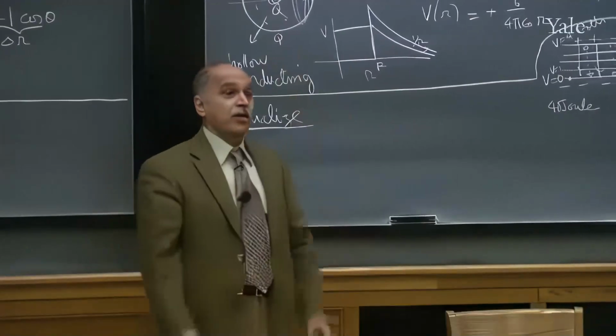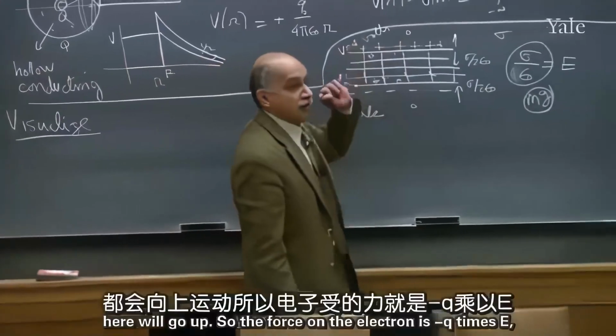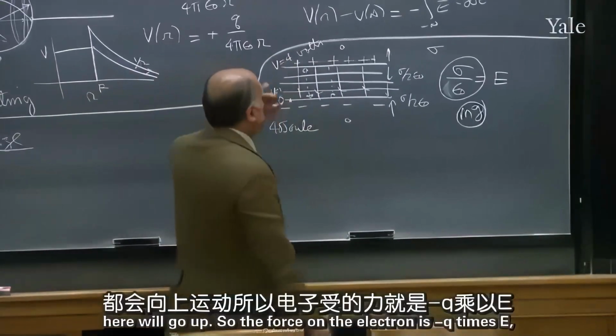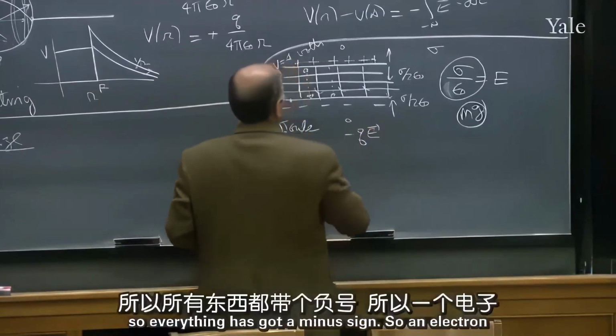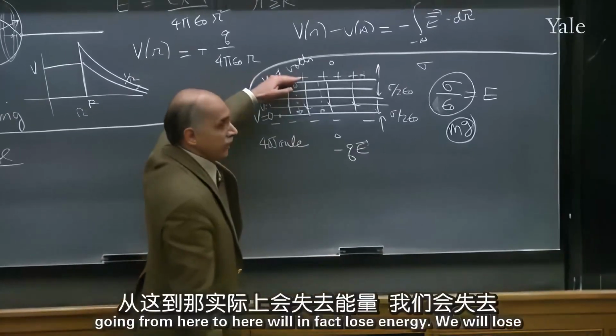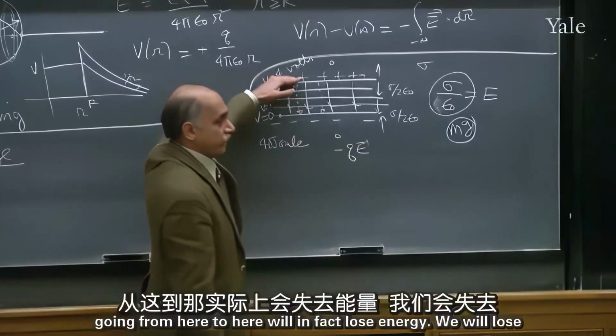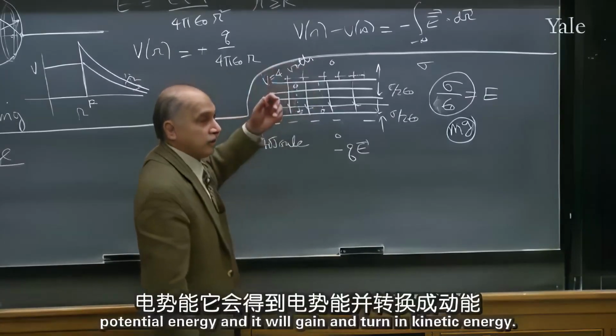Otherwise, they'll just float up. That happens in electricity. So any electron you leave here will go up. So the force on the electron is minus Q times E. So everything's got a minus sign. So an electron going from here to here will in fact lose potential energy, and it will gain and turn into kinetic energy.